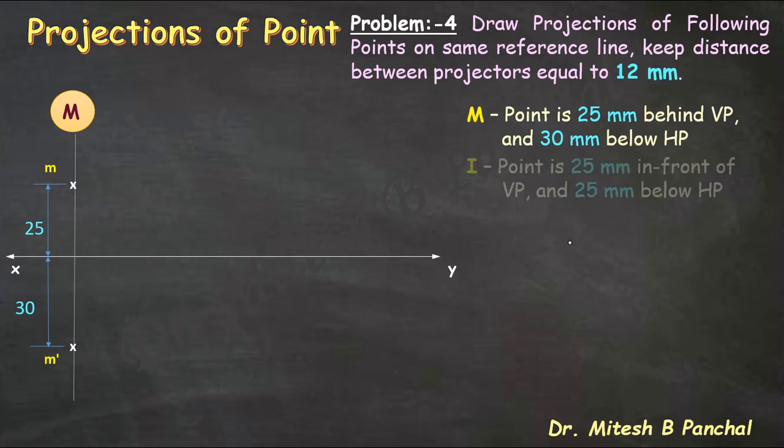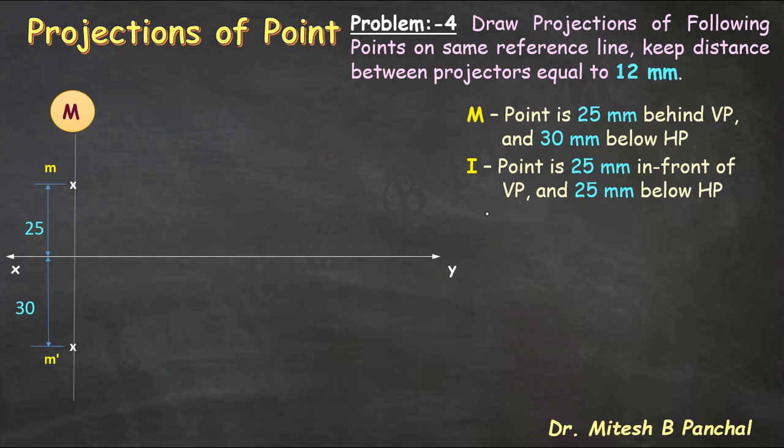Next point is point I. Point I is 25 mm in front of VP and 25 mm below HP. Here, position of point I is in front of VP and below HP. That means point I is in fourth quadrant.